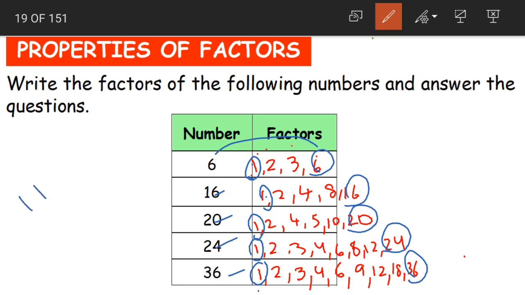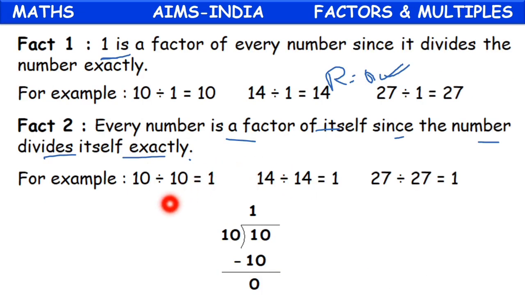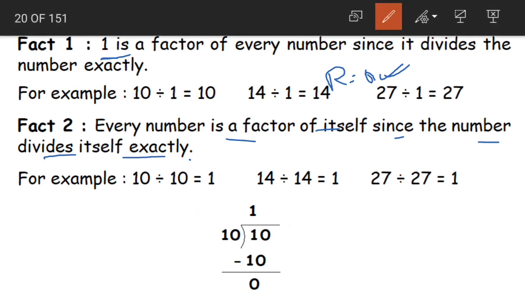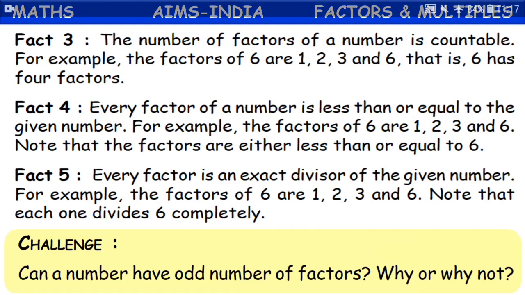So suppose I say the number 11, we know for sure that 1 and 11 are its factors. That is 1 and the number itself. So for any given number, these two are compulsory factors, children. Why is every number a factor of itself? Because it divides itself exactly. Now when we divide 10 by 10, 10 ones are 10 and when we subtract, 0 becomes our remainder.